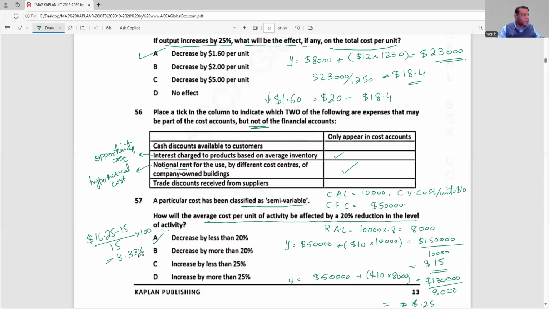An increase by less than 20%, so A is the right answer. An increase by more than 20%, no, because it is changing by only 8.33%. So A is the right answer.